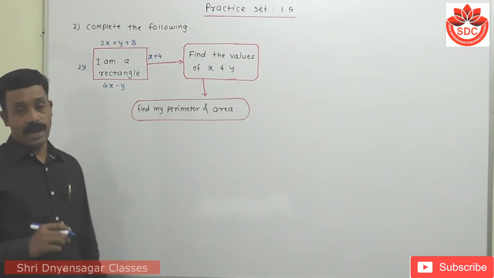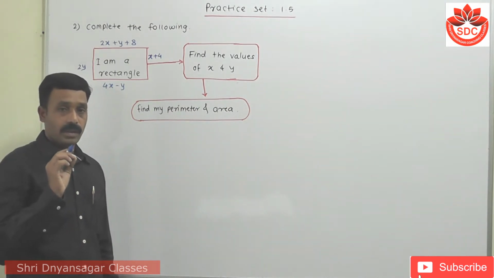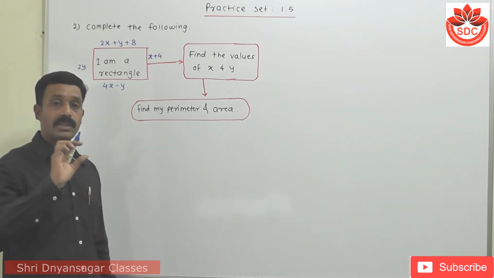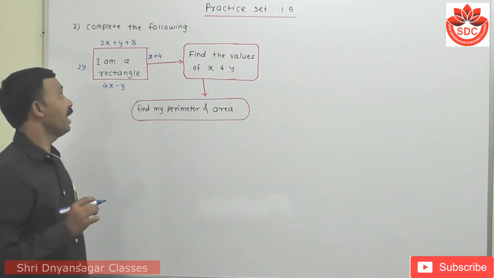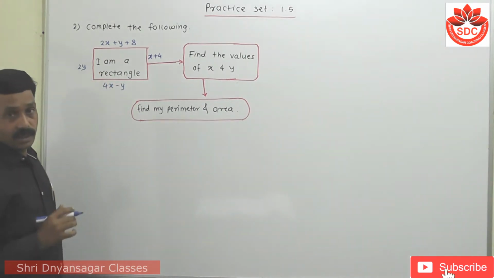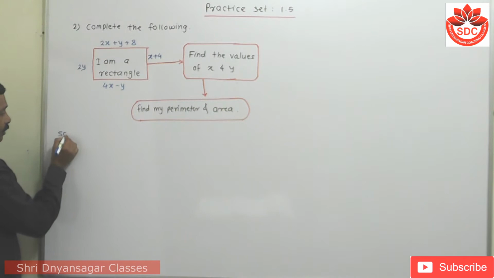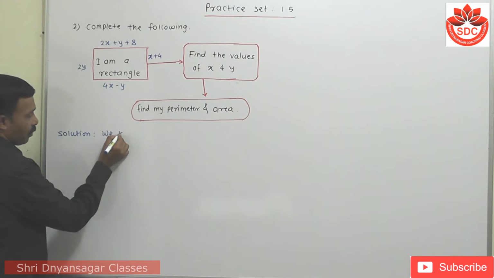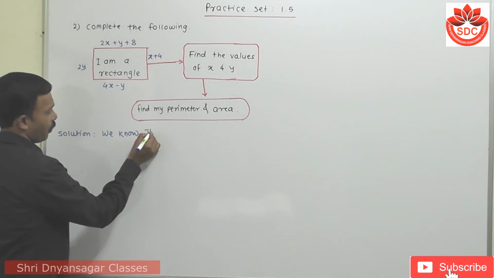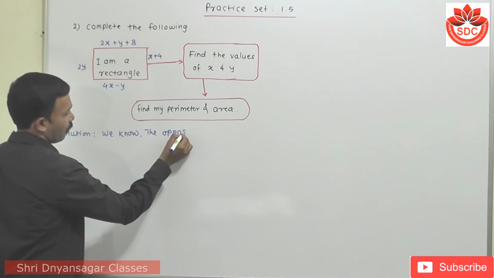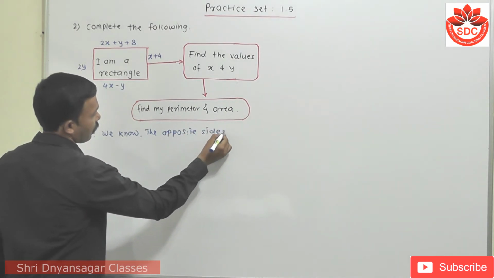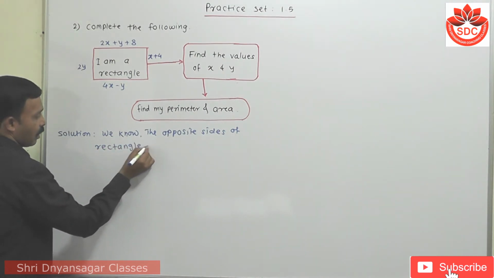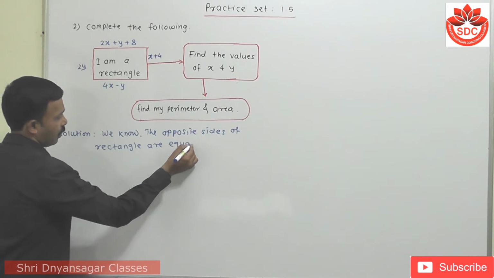Okay, all of you know that a rectangle having length and breadth means that the opposite sides of the rectangle are equal, so its length is equal and breadth is also equal. So the solution of this equation, we know the opposite sides of a rectangle are equal.